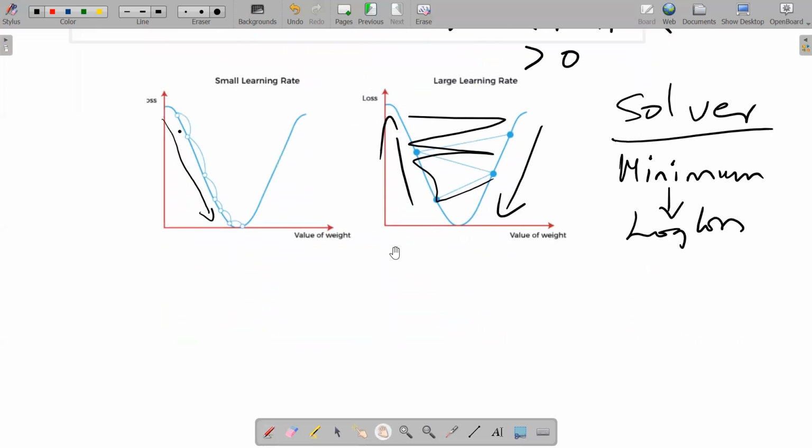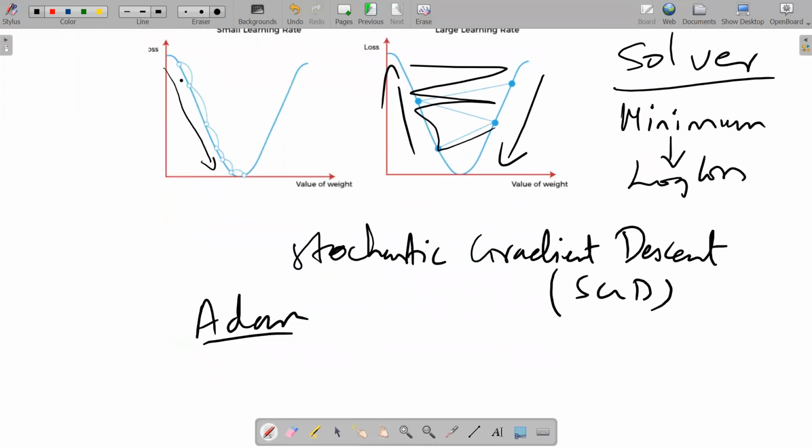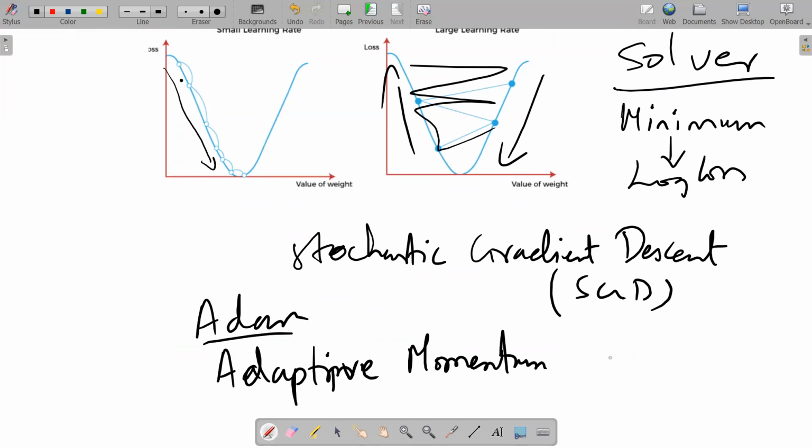Now, there are new versions of gradient descent. One is stochastic gradient descent, which we call SGD. We have Adam, which is the default nowadays, which is faster. Adaptive momentum gradient descent.